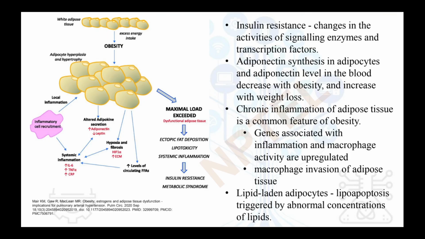And obviously during obesity, there's chronic inflammation of adipose tissues. Is this clear to you? Why adiponectin is reduced during obesity? Okay.